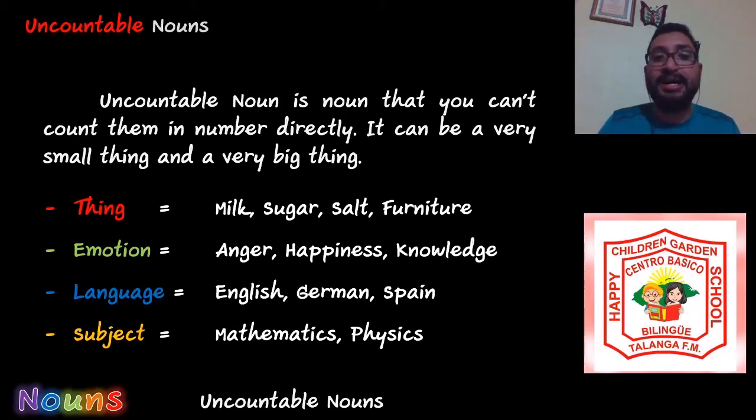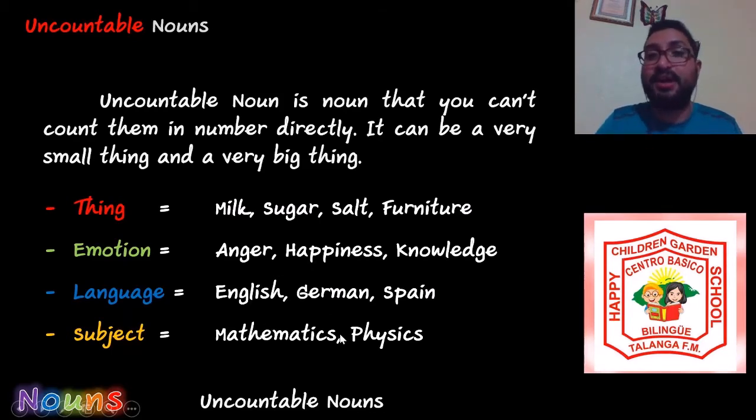So language, English and German. You are learning the English language, but you can't say you are an English. You cannot put a number on that. Or a subject, mathematics or physics. You can put a determiner on this noun. For example, you can learn a language, and language is a countable noun, or you can learn a class.